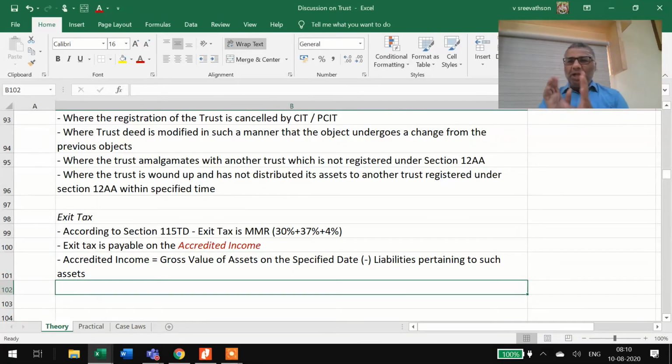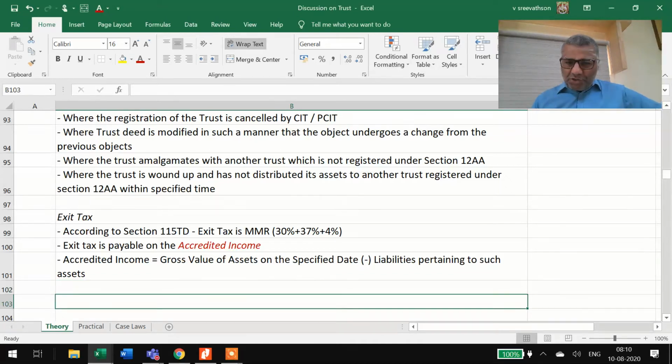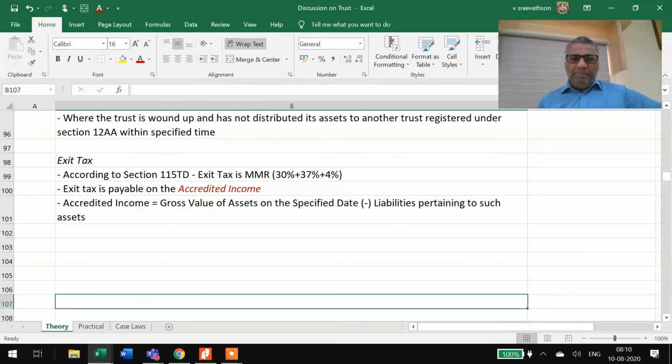Simple, as net worth. Accreted income is on the basis of balance sheet. Gross value of assets on the specified date minus liabilities pertaining to such assets.